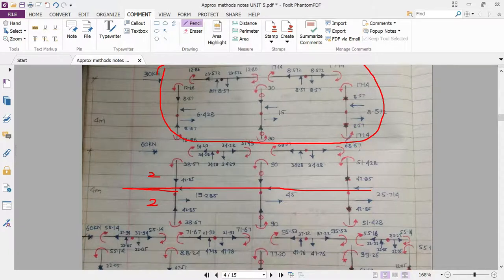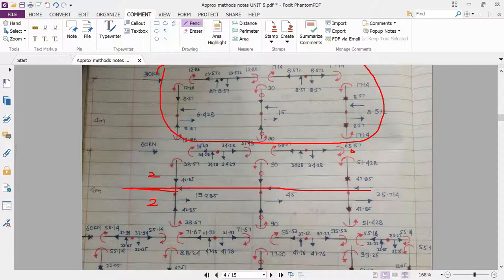In order to maintain the equilibrium condition at the particular joint, you have to apply the clockwise moment of 68.57 here, and then if you club all these moments, you will directly get the answer as 0.